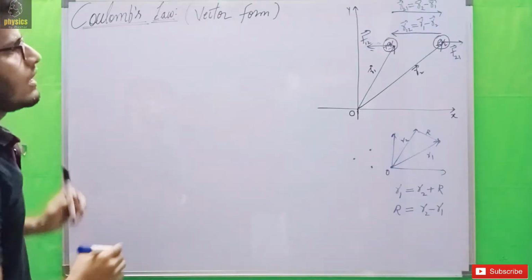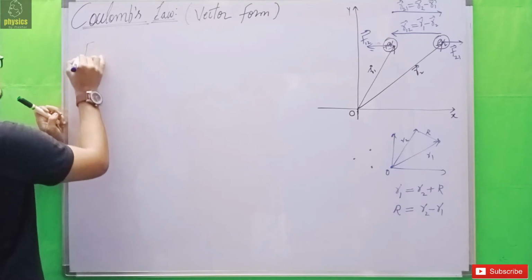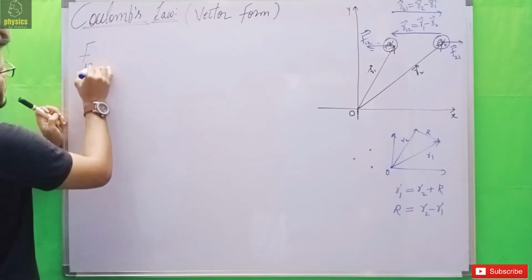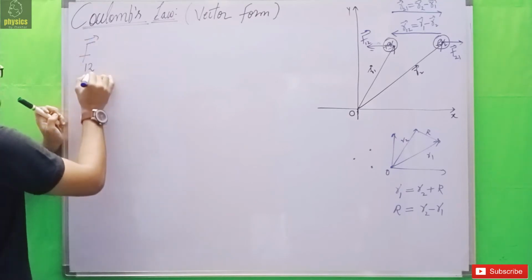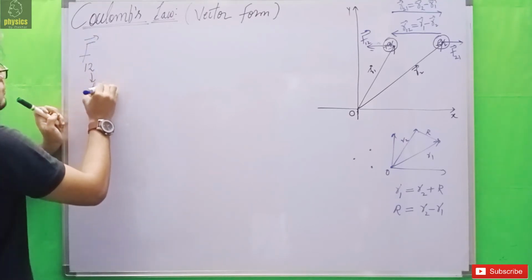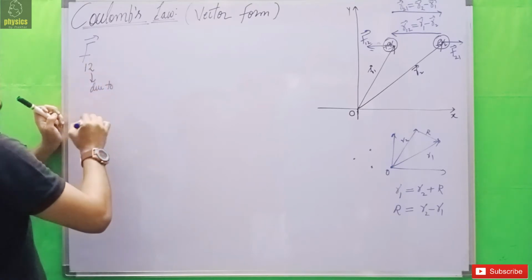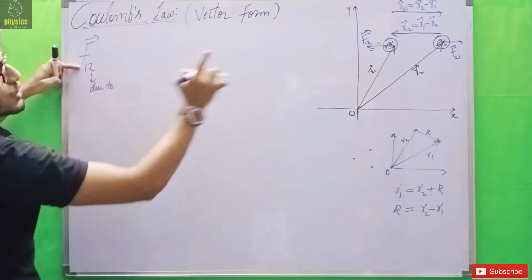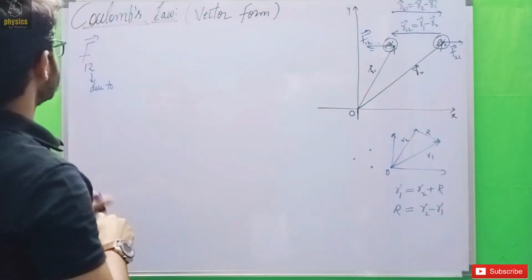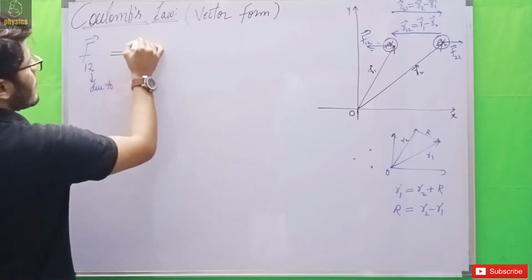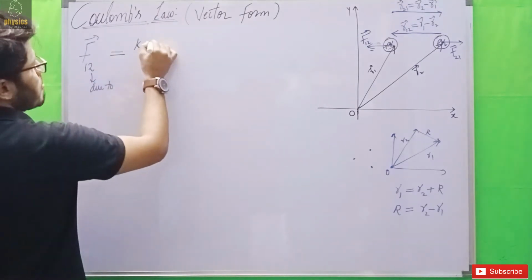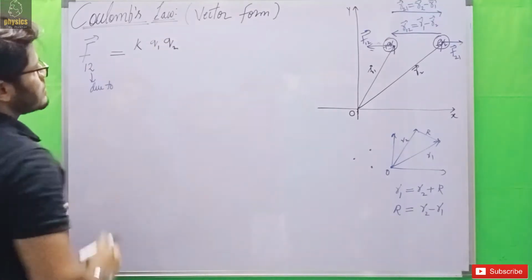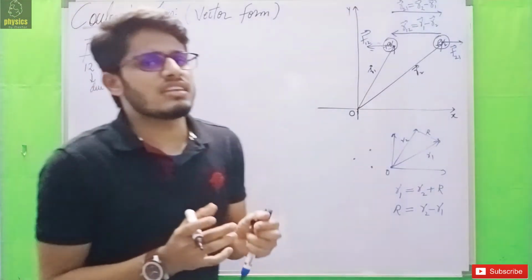Now let's write down the expression for the force on the first particle due to 2 in vector form. This represents due to which particle the force is acting. On which particle is the force acting? The force is acting on the first particle, the Q1. So this is equal to constant K, the magnitudes Q1, Q2. It's not a sign sensitive equation.